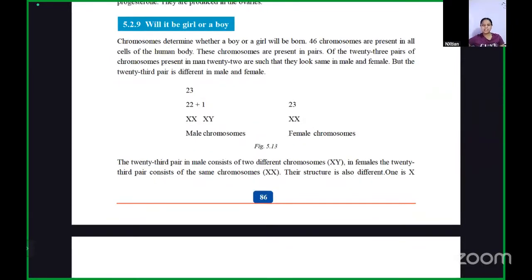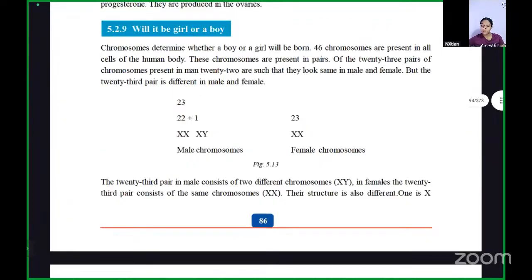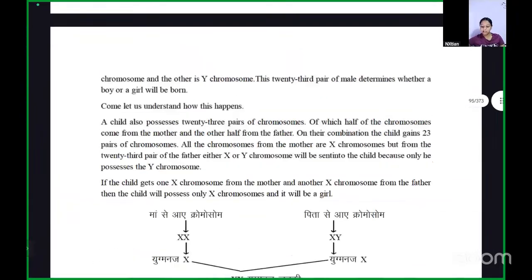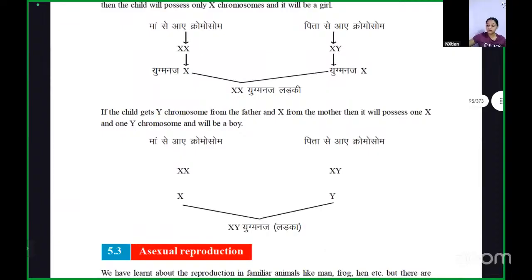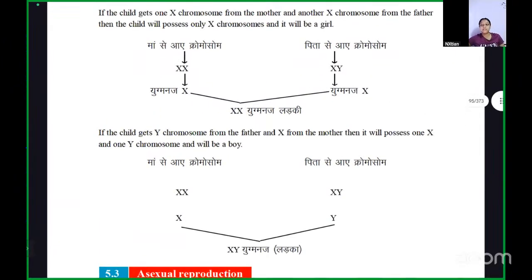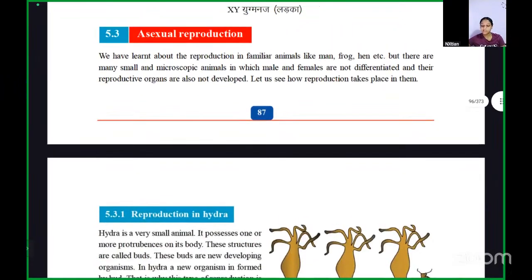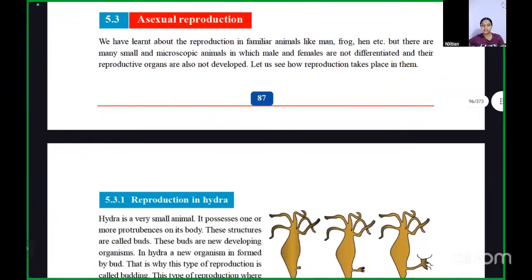I taught how chromosomes work, how many there are, and how they fuse in the case of a baby girl or a baby boy. Then today we will start with asexual reproduction.